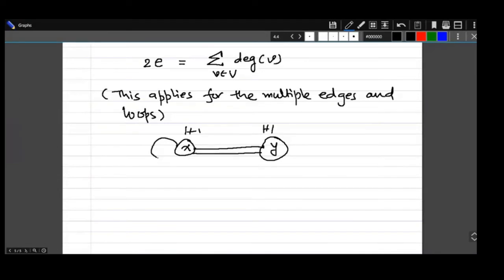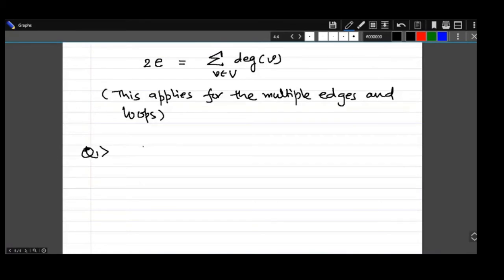If you add a loop, there will be +2 because it contributes 2. So the sum is going to be added in multiples of 2. It is quite obvious, but it is called the handshaking theorem. With this we can have questions in the examination, so I'll take one question. Just type the answer in the chat box.